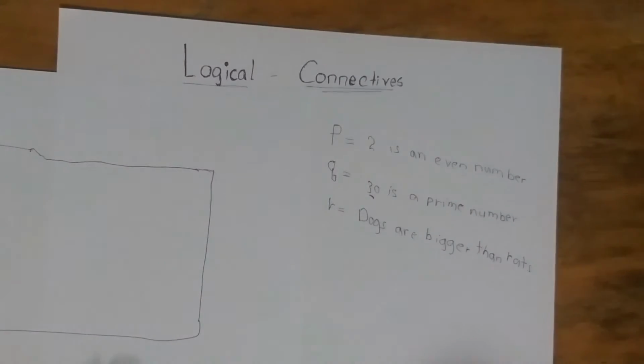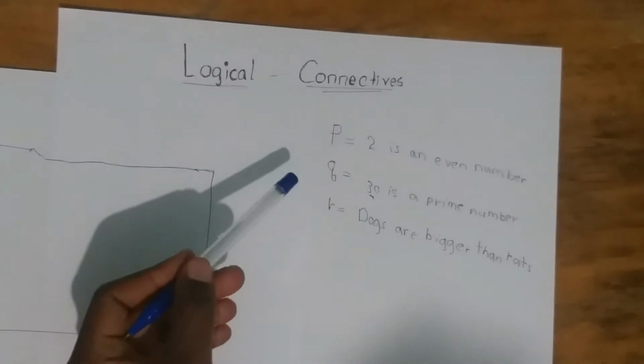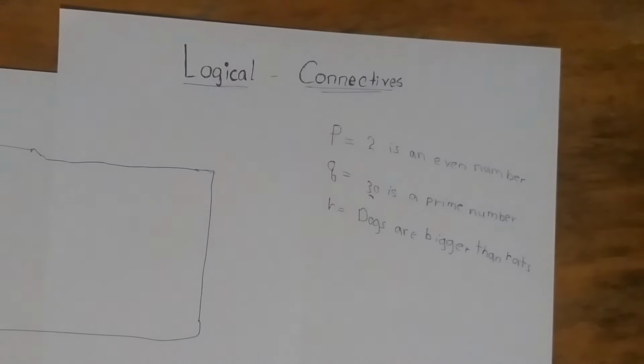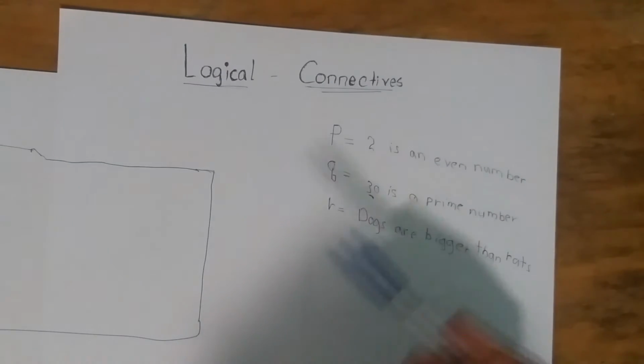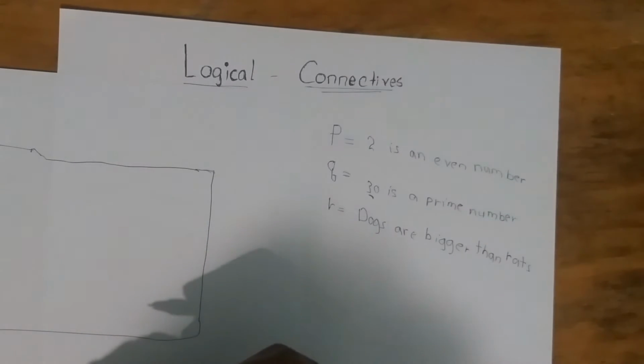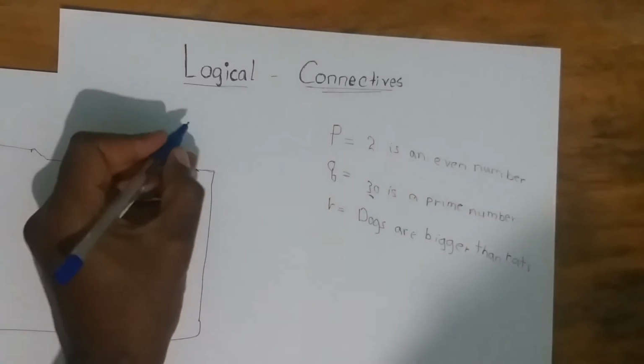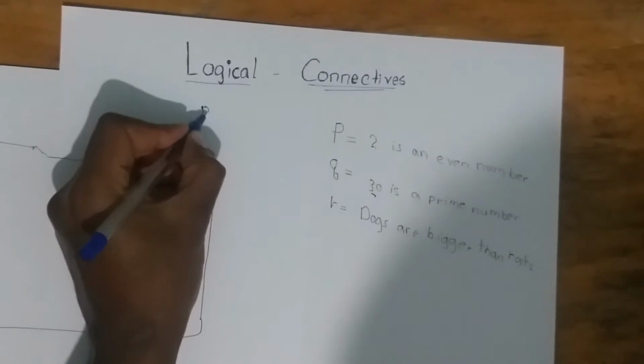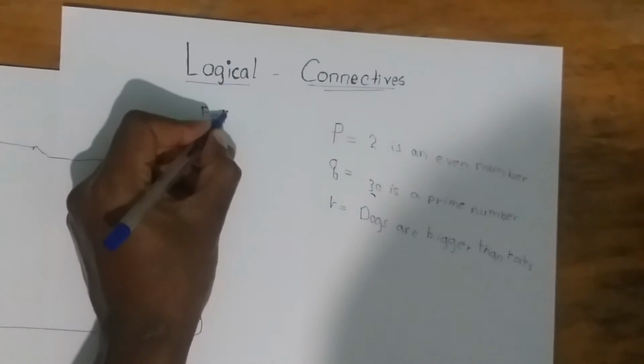express these. On the first statement, P says 2 is an even number. This statement is true, so P's value is true.